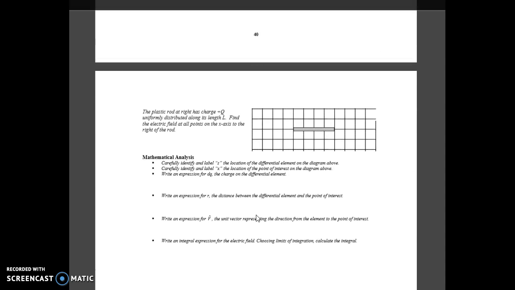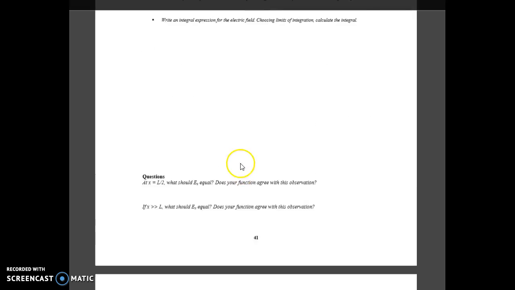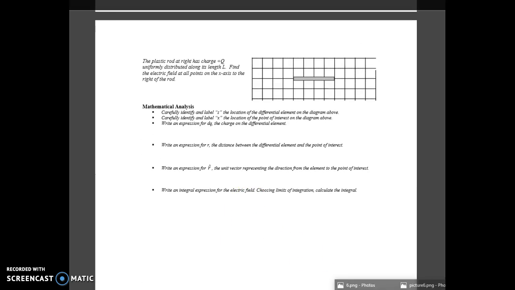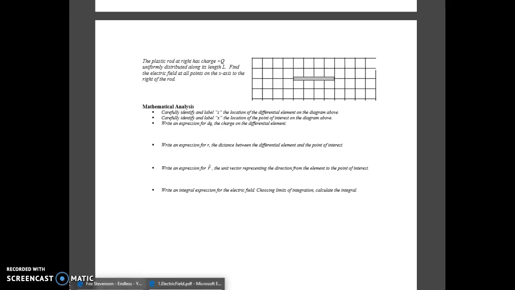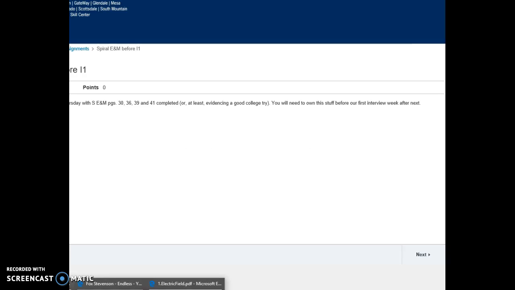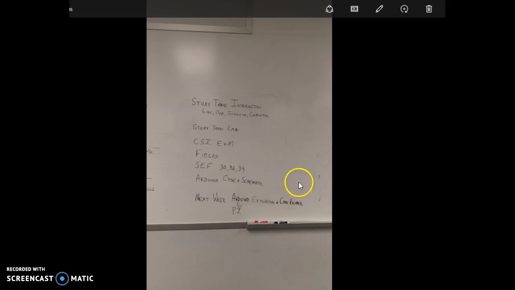David said not to worry about 41 for the interview. Material that will be on the interview will be the sticky tape interactions. Like charges repel, opposite charges attract.